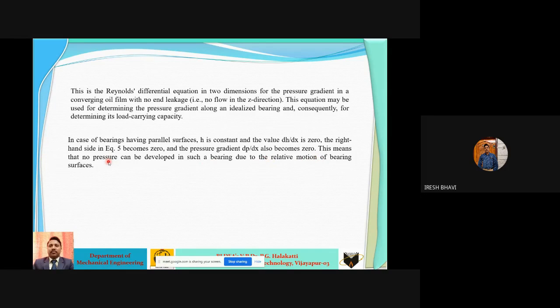This means that no pressure can be developed in such a bearing due to the relative motion of bearing surfaces. That means if you keep both the plates parallel to each other, then there will not be any buildup of pressure between the two plates. So in order to build hydrodynamic pressure between the two surfaces, they should be inclined to each other.